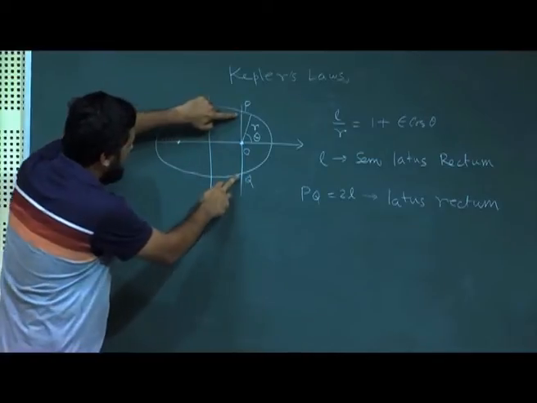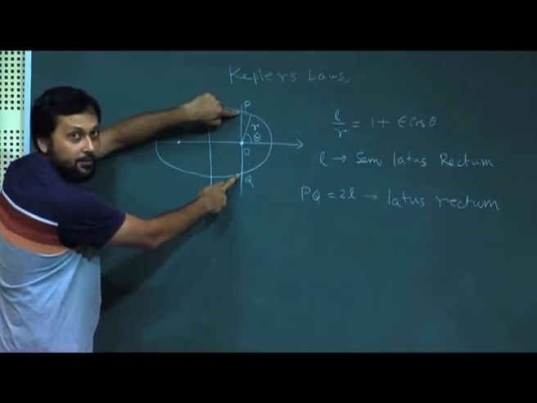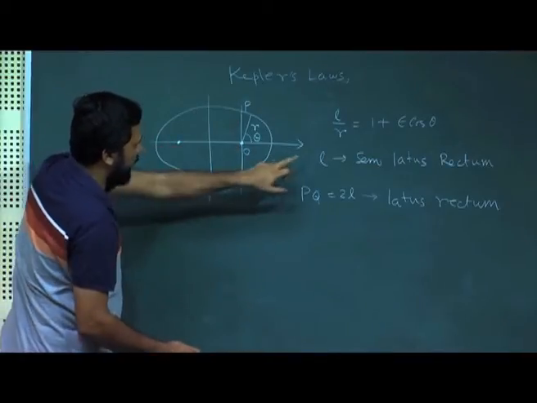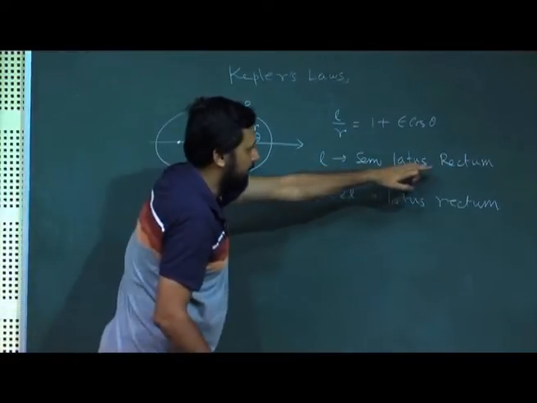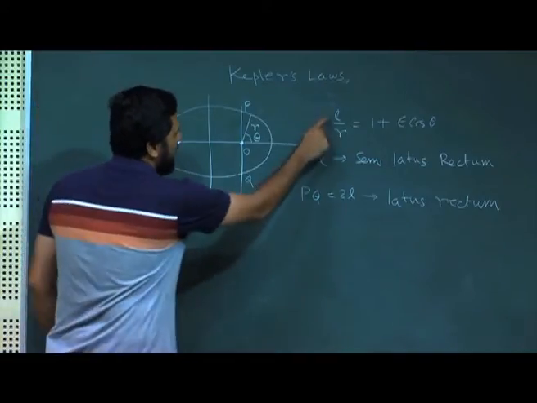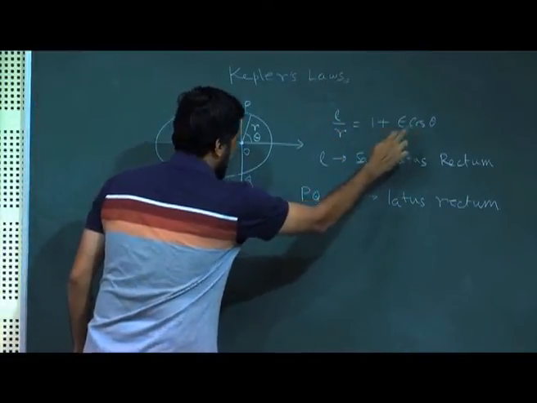This entire length, PQ, is called the latus rectum. Half of it, OP equal to L, is the semi latus rectum. So we know what is L, what is r, and what is theta.